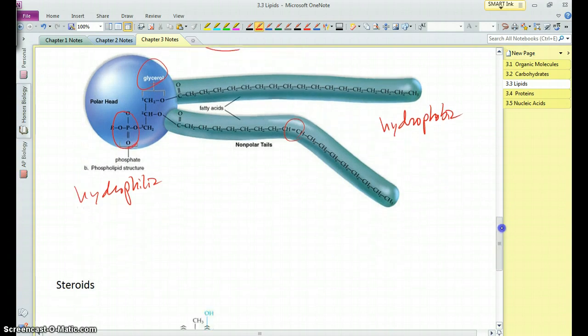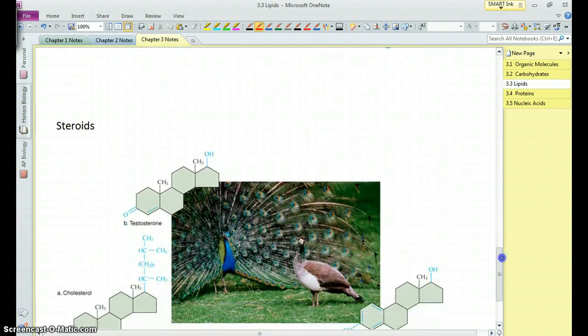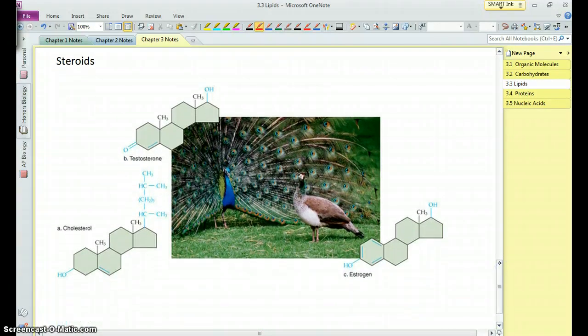All right, another type are the steroids. Steroids, you can see, are completely different. They consist of these carbon rings, and this is an abbreviated formula, so they're not showing you everything. There would be a carbon here with a hydrogen. Here's a double bonded carbon, so that would be 1, 2, 3, so there would be a single hydrogen here.